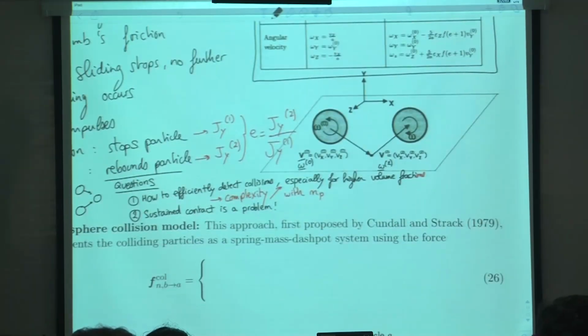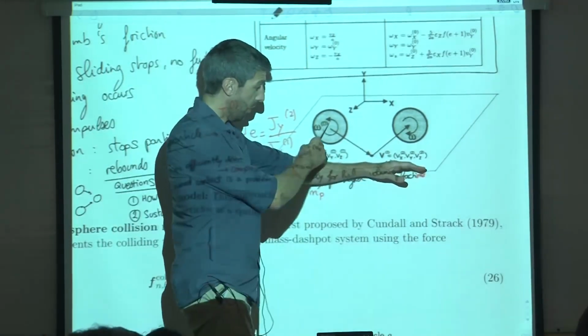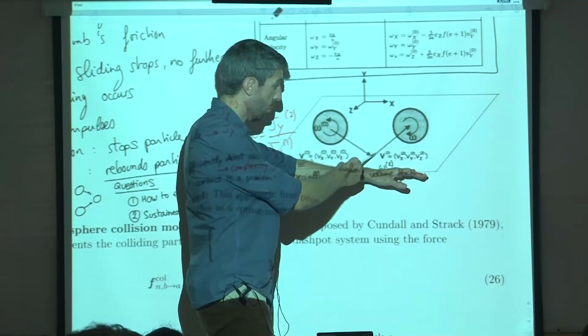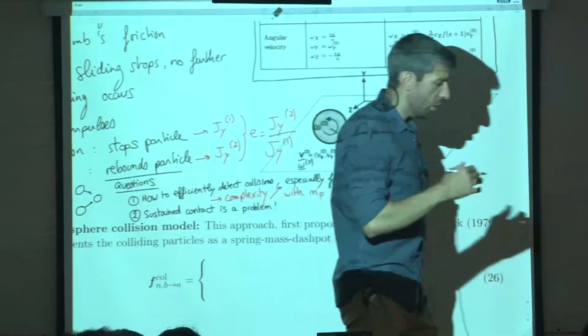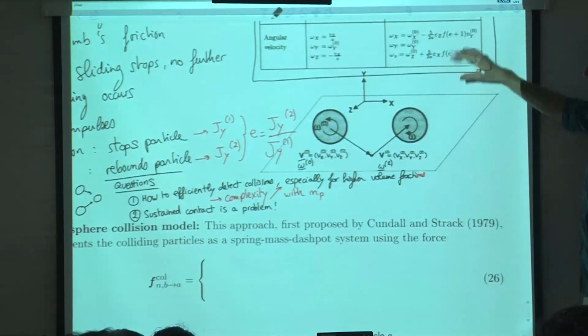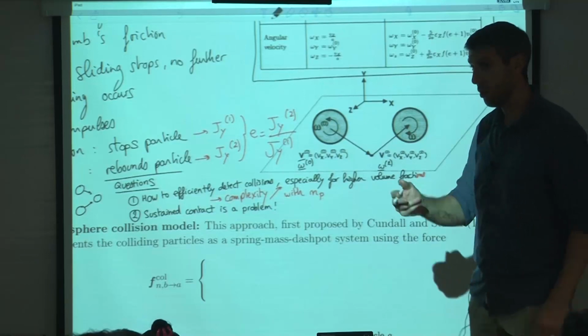We are here. We're just looking at one particle hitting a wall, right? This is the particle before collision, hitting the wall, and then departing. The way I put this together, this is just an example of particle and wall, but you can apply that to particle-particle collisions.